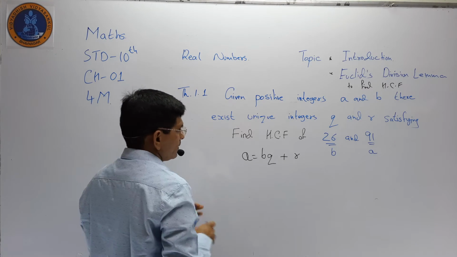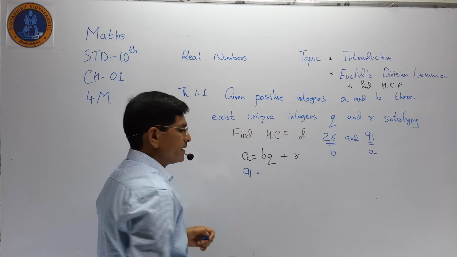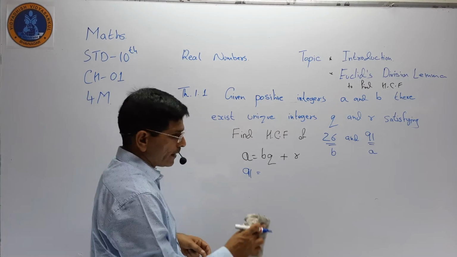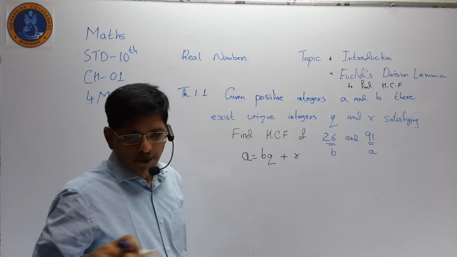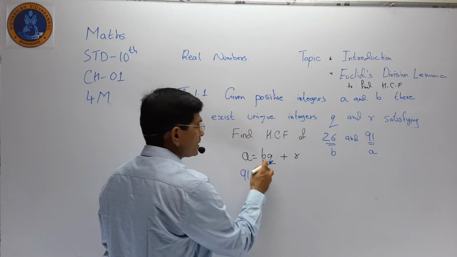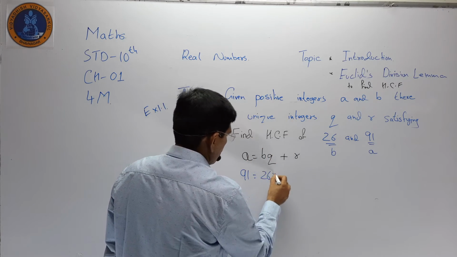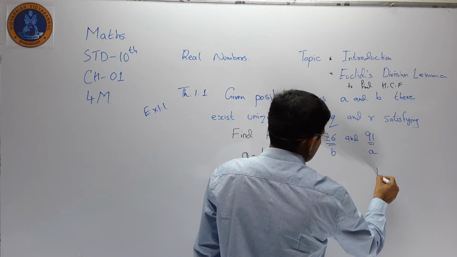That is 91 is A. And what is my B? That is 26. So what I have to write?